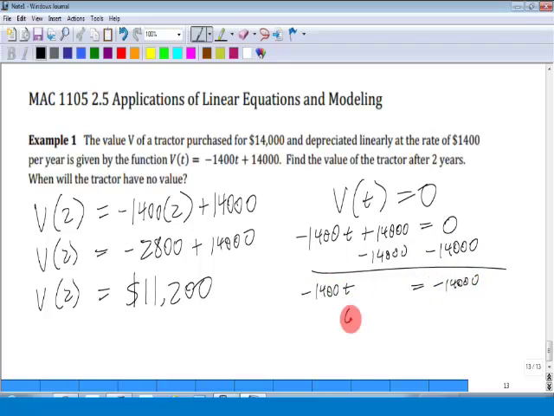If we divide both sides by negative 1,400, t does equal 10, and it is years. Something I should mention, I'll ask several times next time. We're going to be looking for an interpretation of the slope of this line. What is the slope of this line?